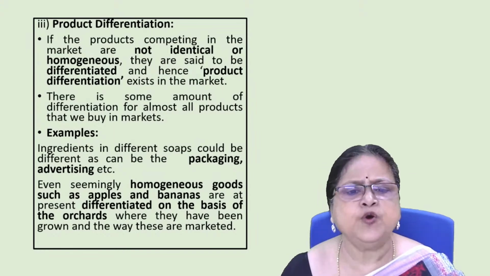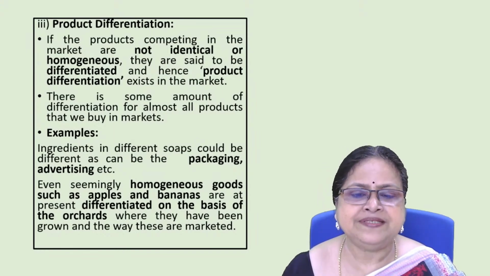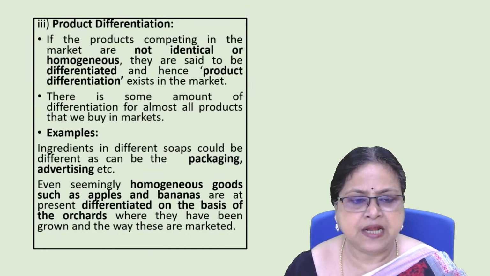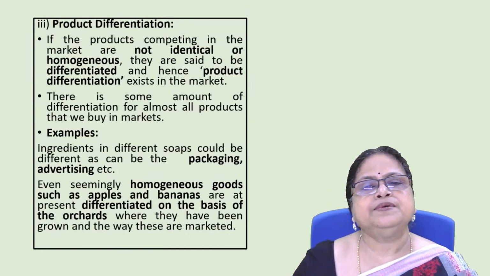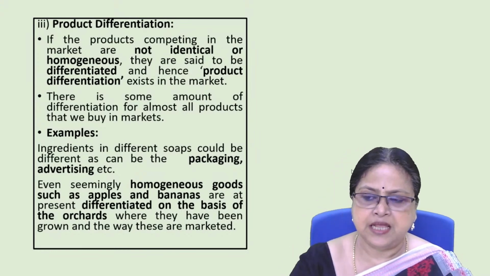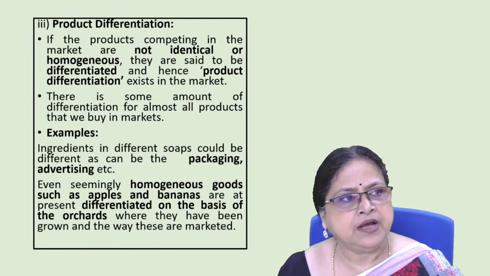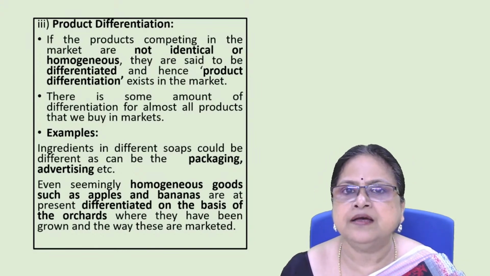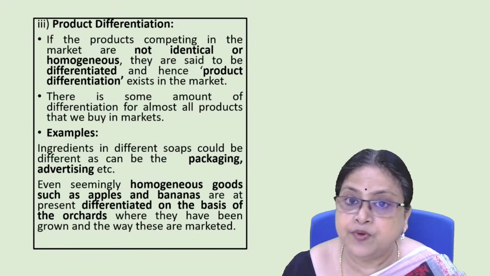Even sometimes seemingly homogeneous goods such as apples and bananas are differentiated. Nowadays you find in the market, there will be a stamp of Australian apples and there will be a stamp of Pennsylvania almonds.